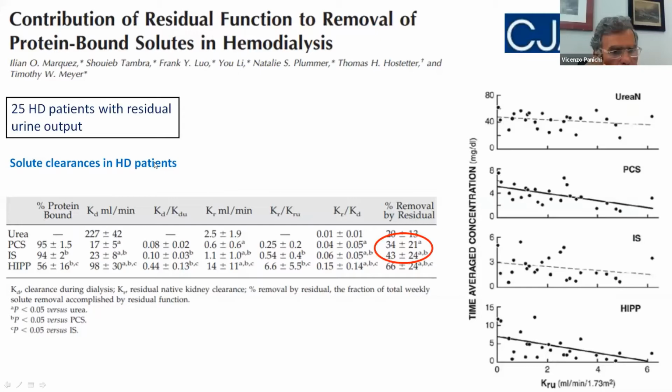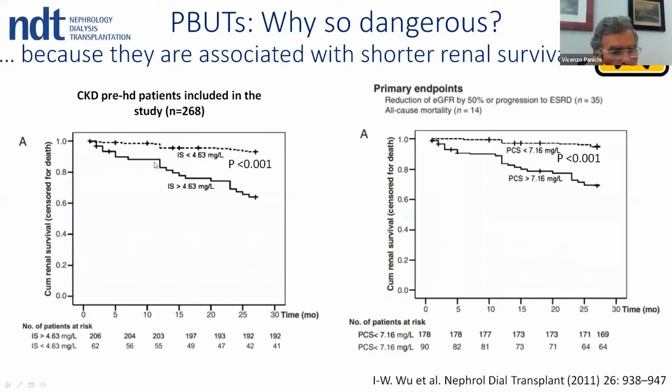But not only renal function is involved, they are also associated with mortality in these patients. This is the first paper that demonstrated that free serum levels of protein-bound uremic solutes are associated with mortality in patients treated with hemodialysis.